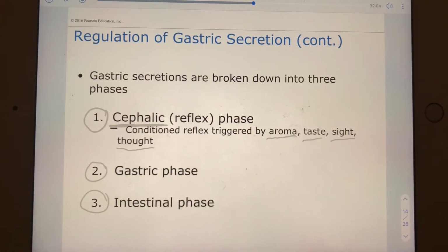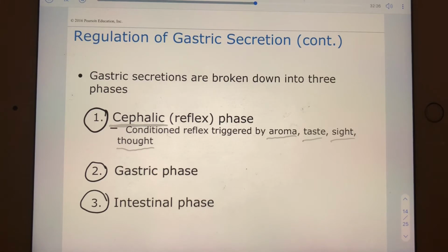Moving on to slide 15. So gastric secretion occurs in three main phases: the cephalic phase, the gastric phase, and the intestinal phase. Well, the cephalic phase, I don't need a separate slide for, because it's very easy to understand and explain.